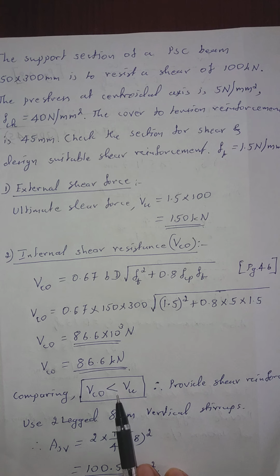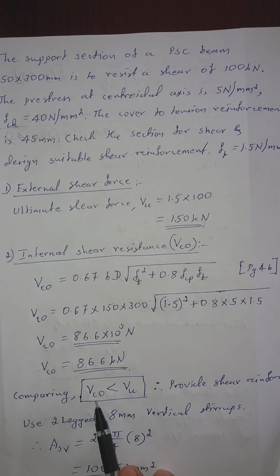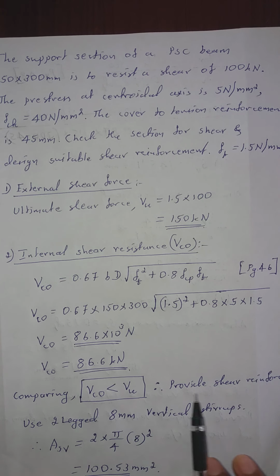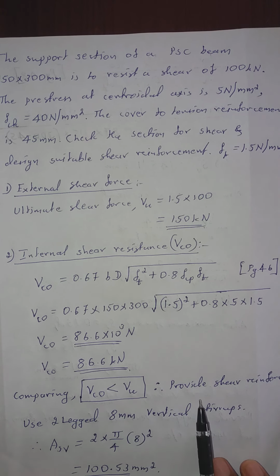Otherwise, if it is vice versa, that means the shear force acting is less than the resistance, the concrete strength is higher than the acting force, then you have to give minimum shear reinforcement. In this case, the acting force is higher, so you have to provide shear reinforcement.